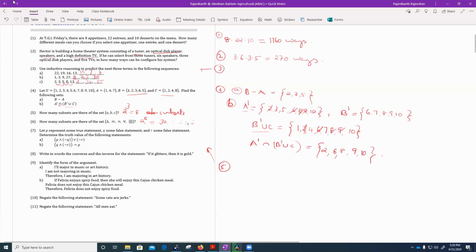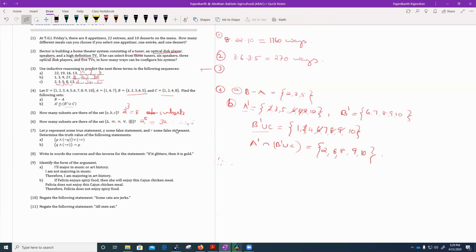Now let's do number 7. So let me erase this. So number 7. Let P represent a true statement, Q a false statement, and R a false statement.